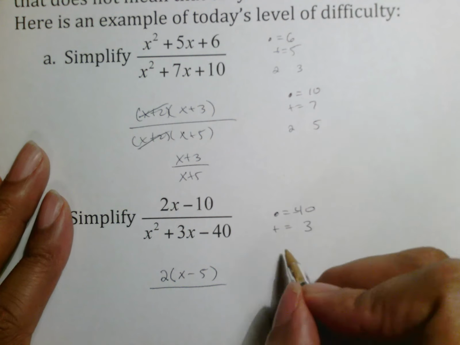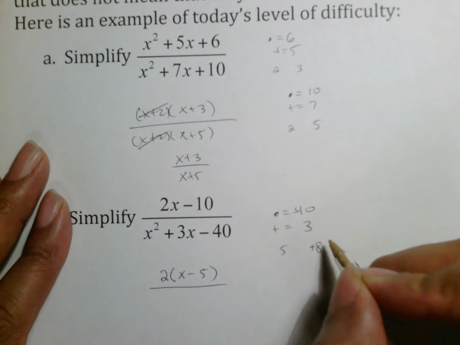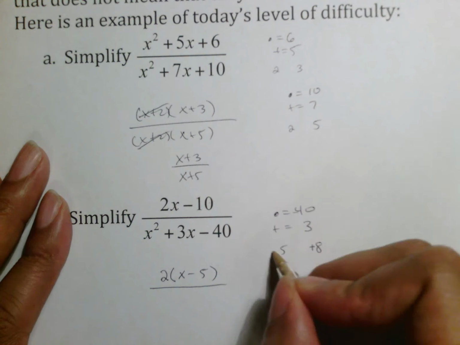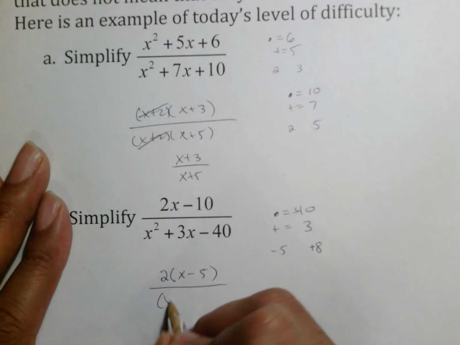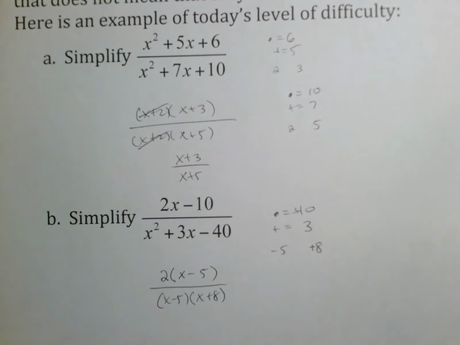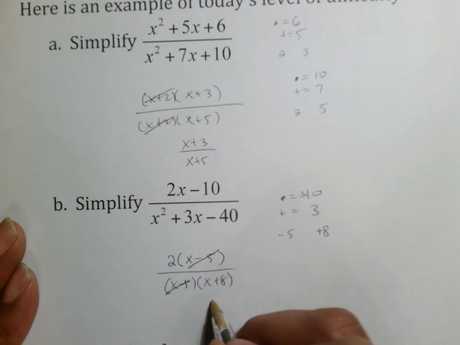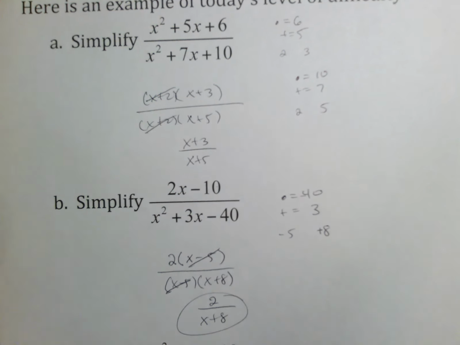The only numbers I know that do that are 5 and 8. Since 3 is positive, 8 must be positive, and since 40 is negative, 5 has to be negative, so we end up with x minus 5, x plus 8. And again, playing that game, x minus 5 is what they have in common, so we end up with 2 over x plus 8 as our final answer there.